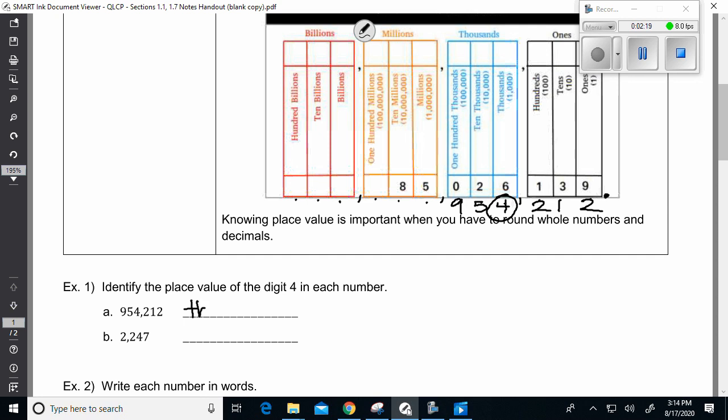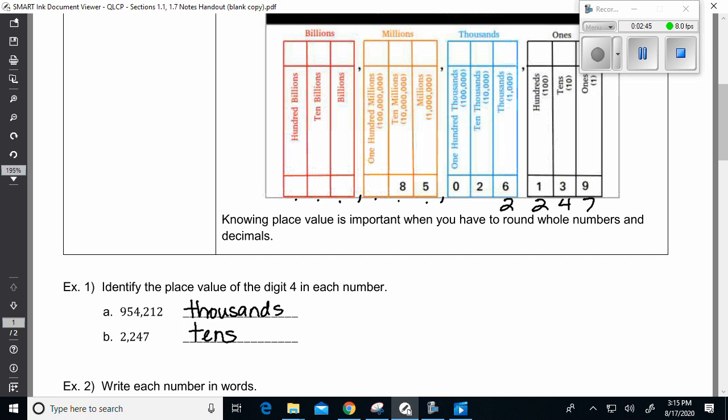So that's thousands. Similarly, we do the same thing with 2247, 2, 2, 4, 7. That's the tens place. So identifying place value is simply lining up where your numbers are.